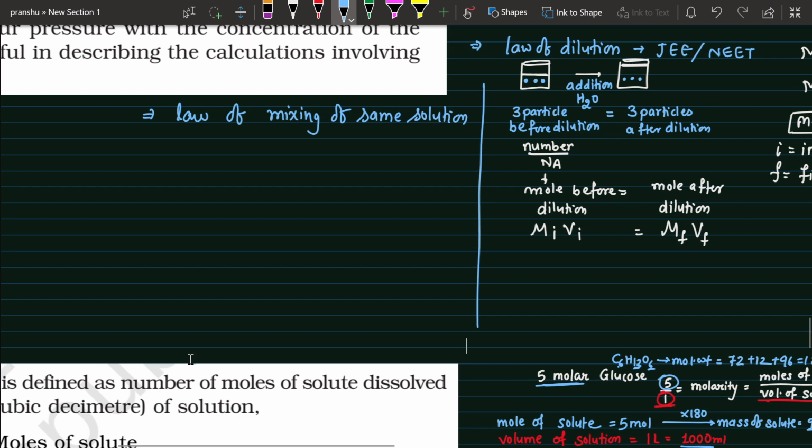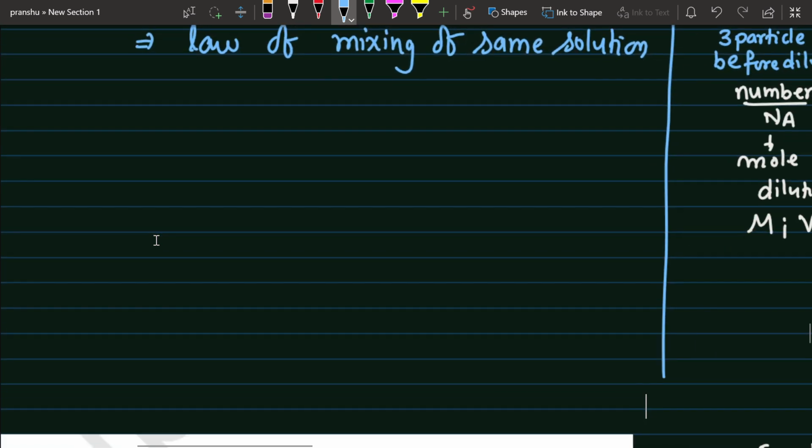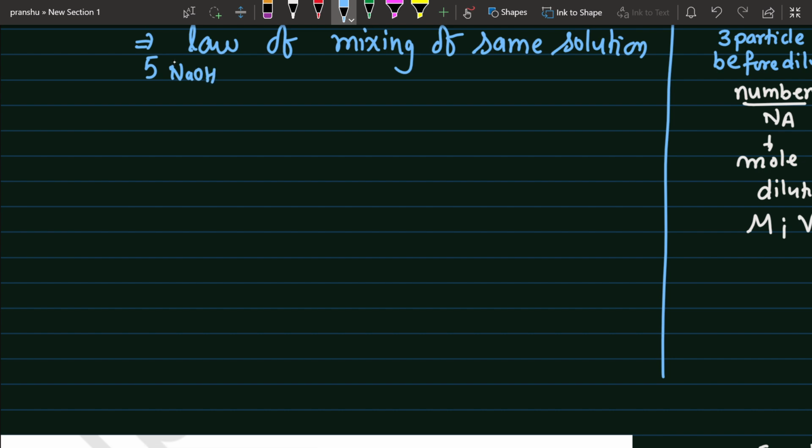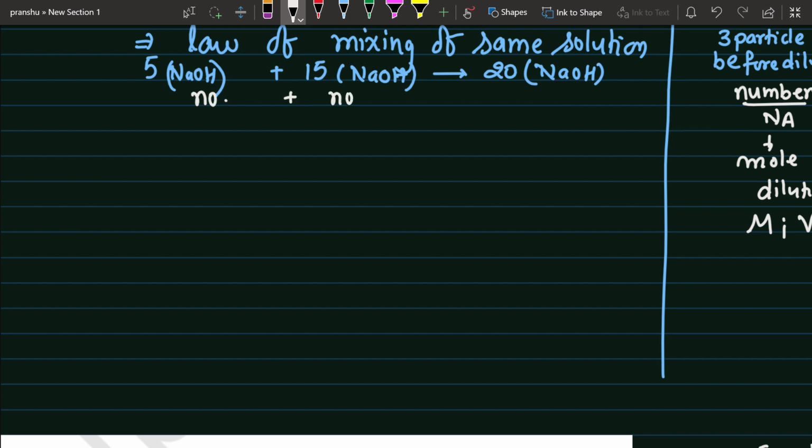Suppose in any beaker we have 5 particles of NaOH, in another beaker we have 15 particles of NaOH. After mixing, what happens? Yes, it becomes 20 particles of NaOH. So number plus number is equal to final number.